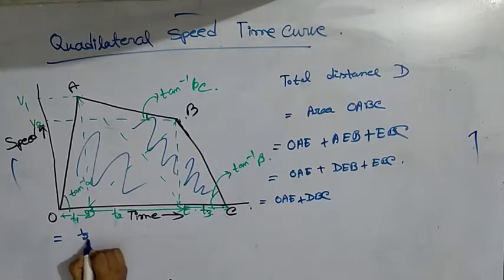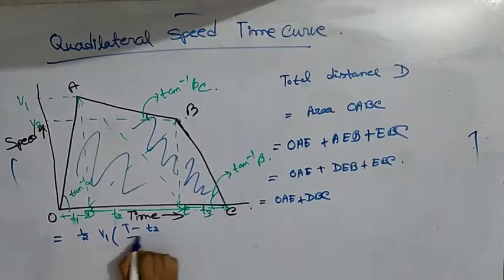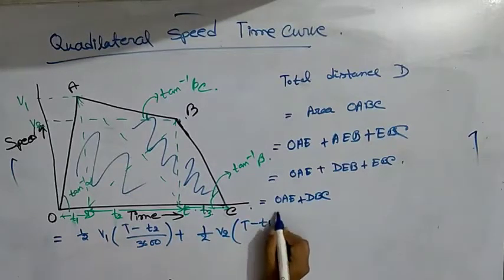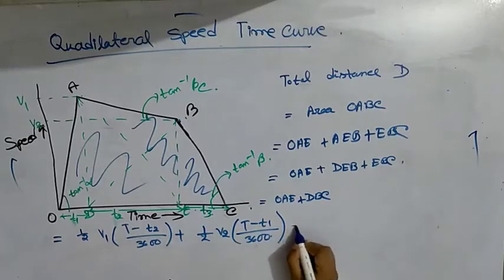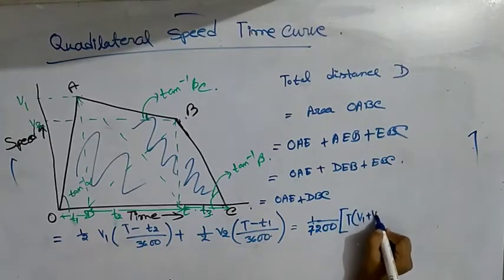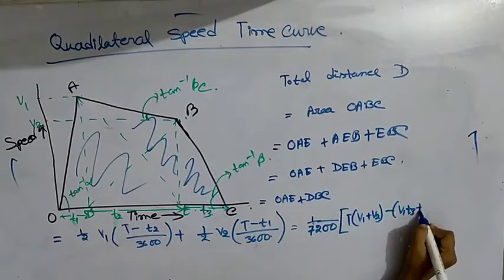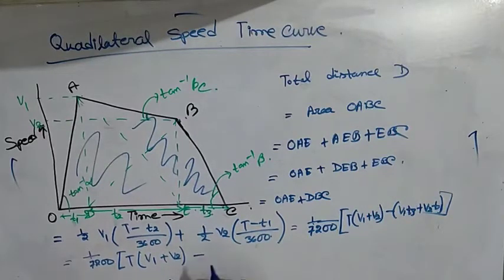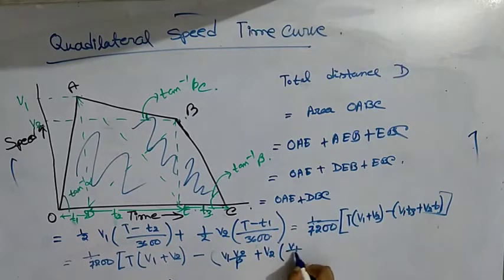Now this is equal to half V1 (T minus T2) by 3600 plus half V2 (T minus T1) by 3600, which is equal to 1 by 7200 [T (V1 plus V2) minus V1 T3 plus V2 T1], and this is equal to T (V1 plus V2) minus, and T3 is equal to V2 by beta, and T1 is equal to V1 by alpha.